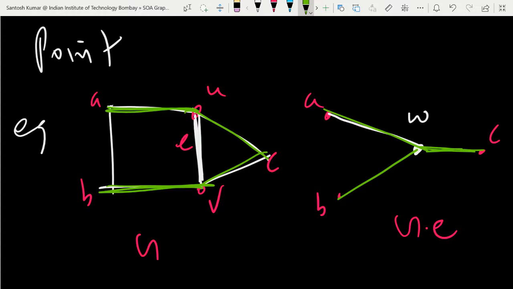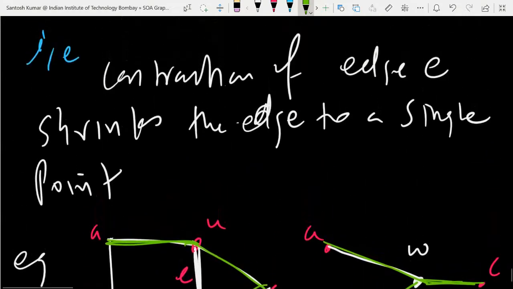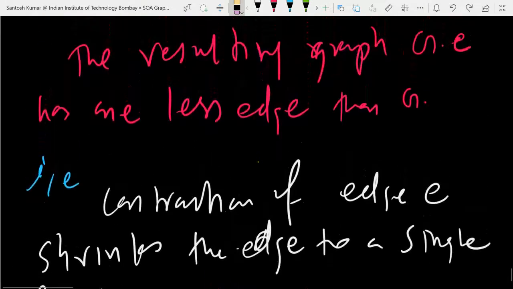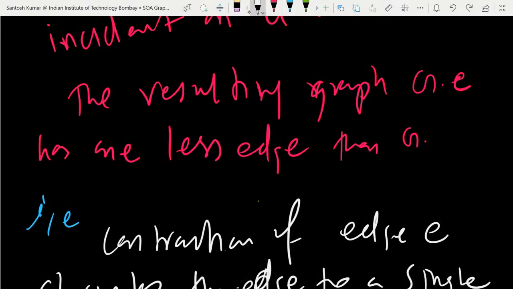I think it has one less vertex, not the edge. The resulting graph has one less vertex than G, right? Here I have written that the resulting graph G dot E has one less edge or vertex.